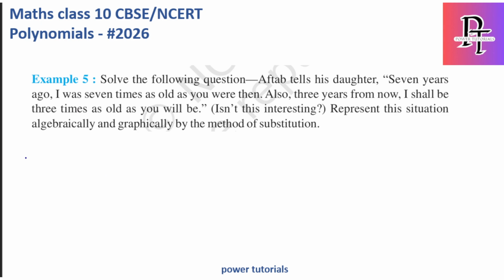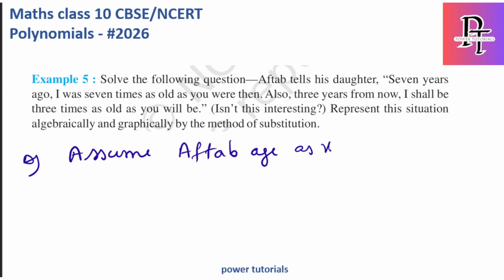So for this, first we will assume Aftab's current age as x and his daughter's age as y.